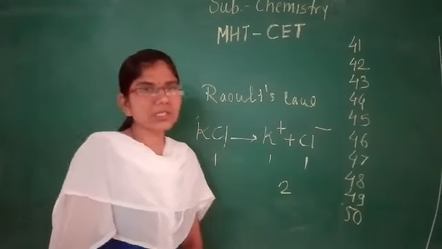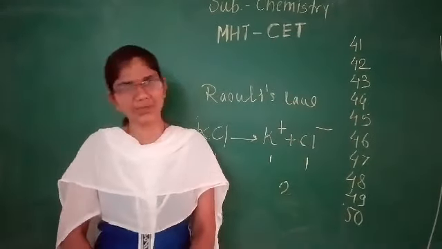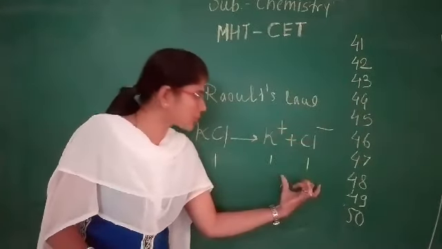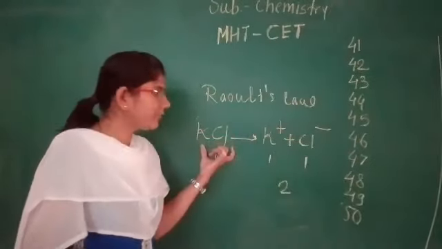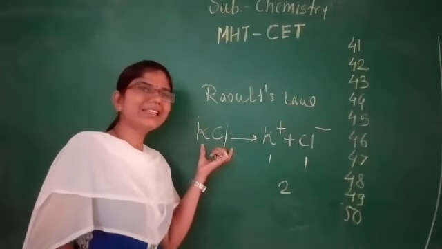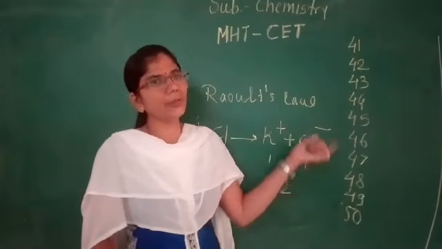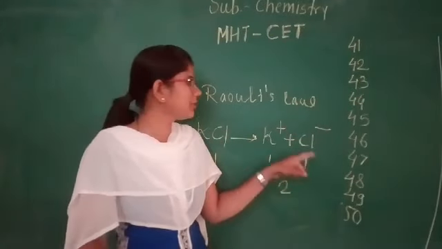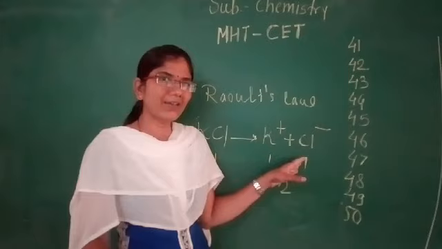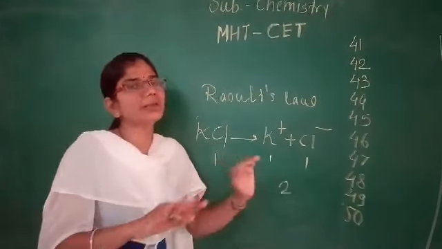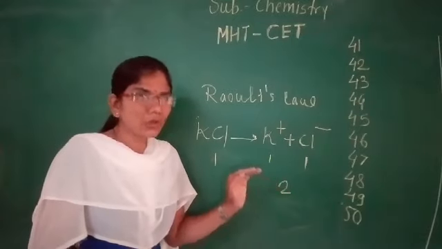When dissociation of an electrolyte takes place, the colligative property depends on the number of solute particles. The electrolyte dissociates into its ions, so the colligative property depends on the number of solute particles after dissociation. Because it dissociates, it does not remain as it is in the solution.